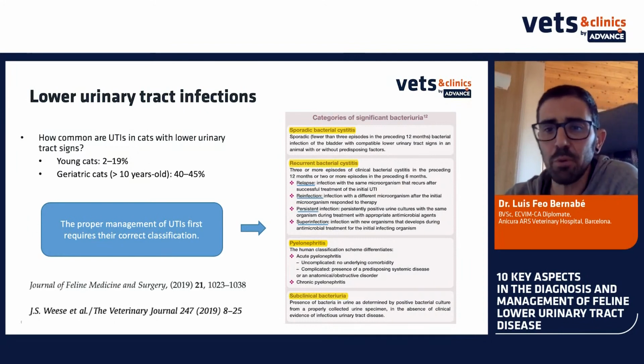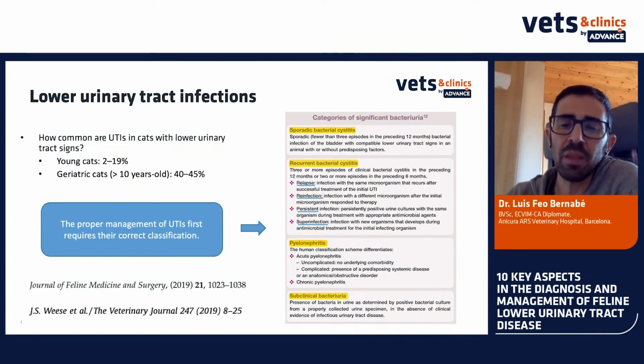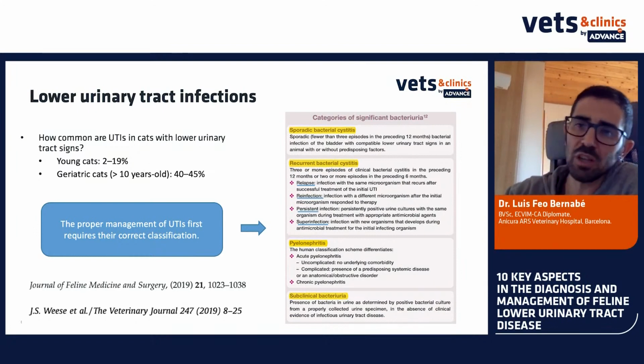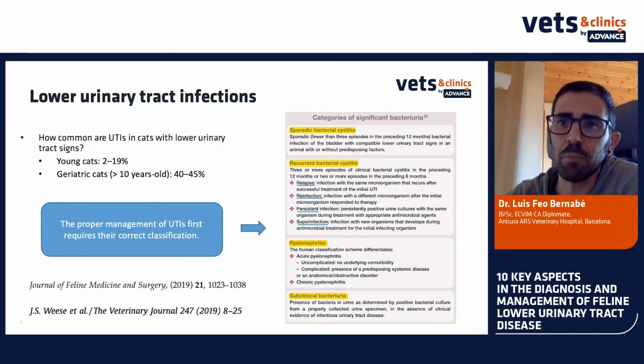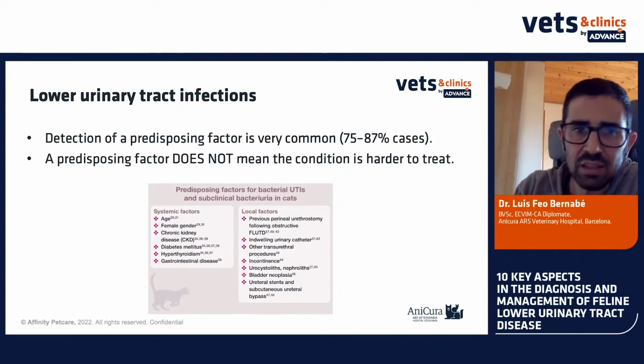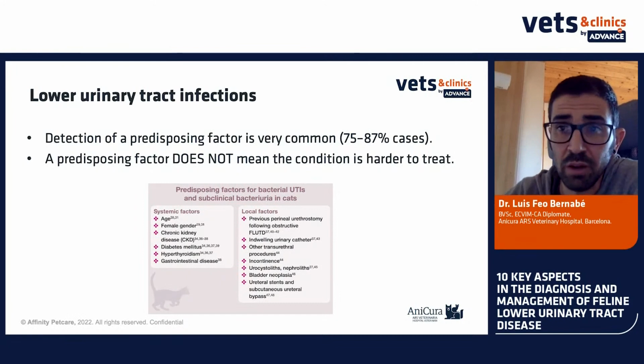And for sure, it's important to know subclinical bacteriuria. That is the presence of bacteria in urine with a positive urinary culture, but without any clinical signs. And here's the thing: you need to treat this category probably a little bit differently, and this is what we are going to talk about in the next slides.